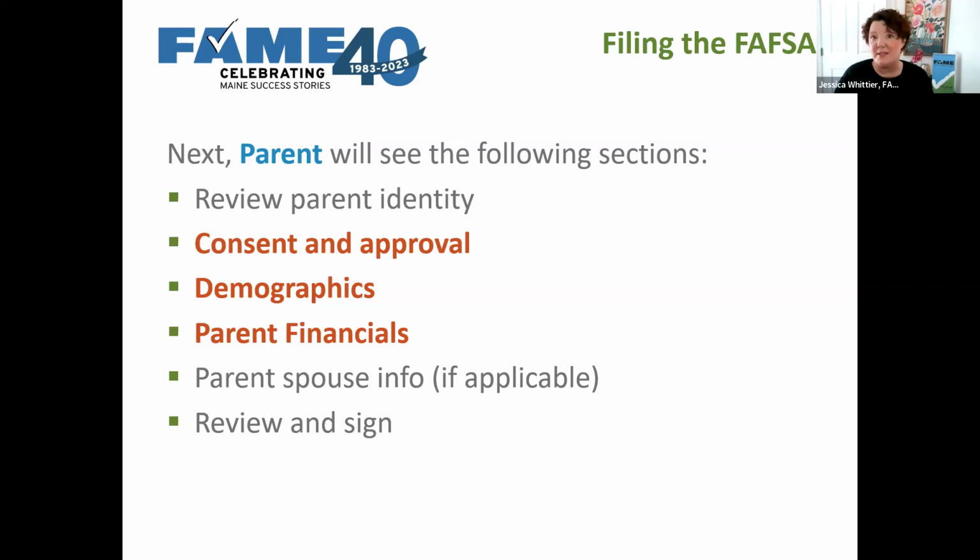So you will be submitting a FAFSA section for, in essence, every tax form that would have been completed in that household, as far as parents and student. And then after that, they'll go ahead and review and sign that FAFSA.